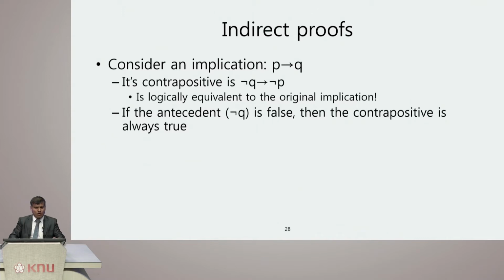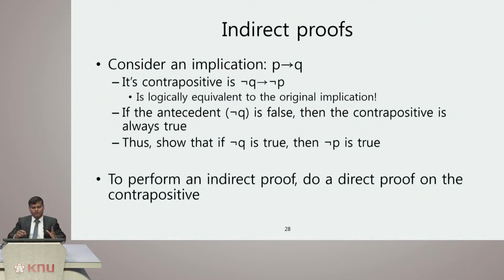If the antecedent or the hypothesis, the negation of Q, is false, then the contrapositive is always true. Thus, show that if negation of Q is true, then negation of P is true. So in order to perform this indirect proof, do a direct proof on the contrapositive.